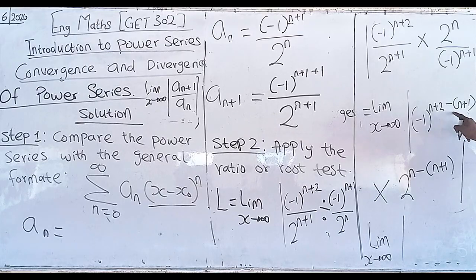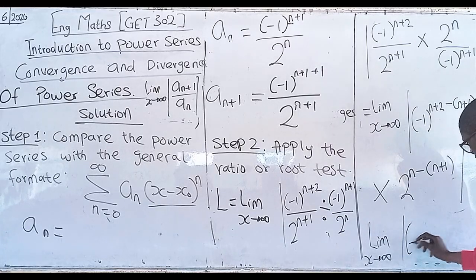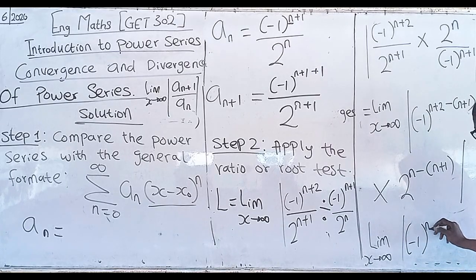So if you do this now, you see n. If you open this bracket, you should have, okay, let's just do it. So we have (-1) to the power n plus 2 minus n minus 1, multiplied by 2 to the power n minus n minus 1, absolute value.